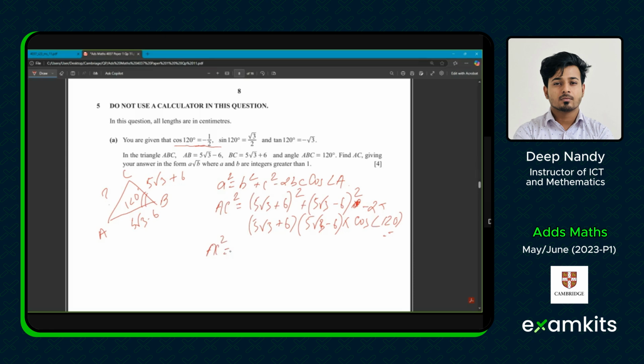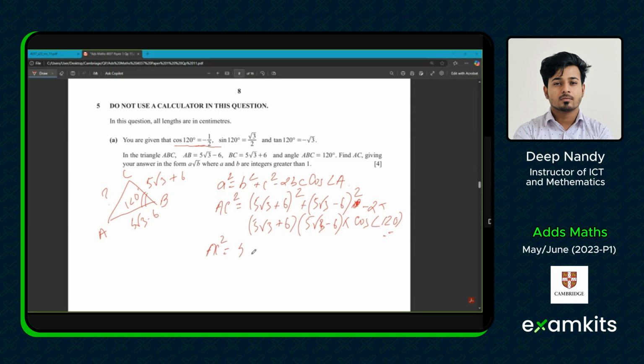So AC square equals (5 root 3 plus 6) whole square. We need to solve this: (5 root 3 plus 6) whole square and (5 root 3 minus 6) whole square. We have been informed that we cannot use a calculator here.